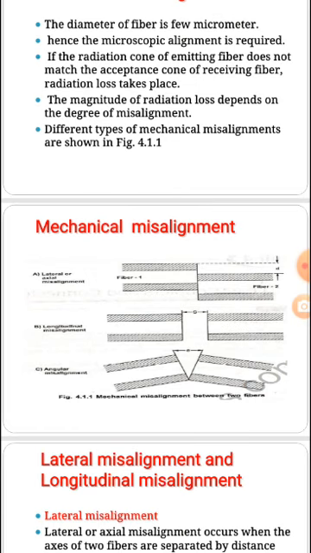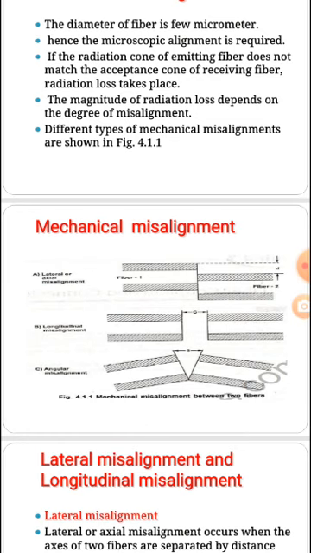Let us go to the third one. The third one is the angular misalignment. This is also very much common in practice, and when fibers are joined together, there is some difference in angle. We are expecting core to core interfacing and cladding to cladding interfacing, but especially in multimode fibers, this angular misalignment is very much common.